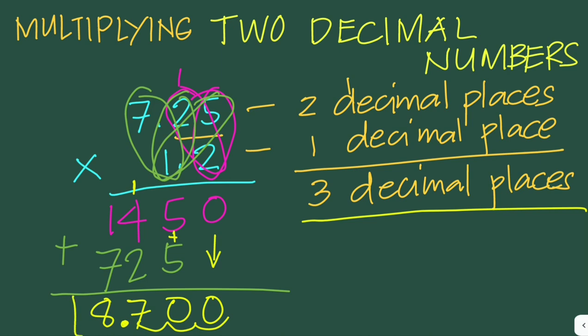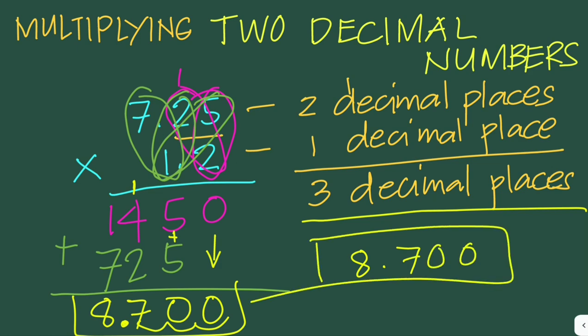So the answer would be 8.700, or we can just drop the zeros on the extreme right, just like in the previous problem. So the answer here could also be 8.7. That one is also acceptable.